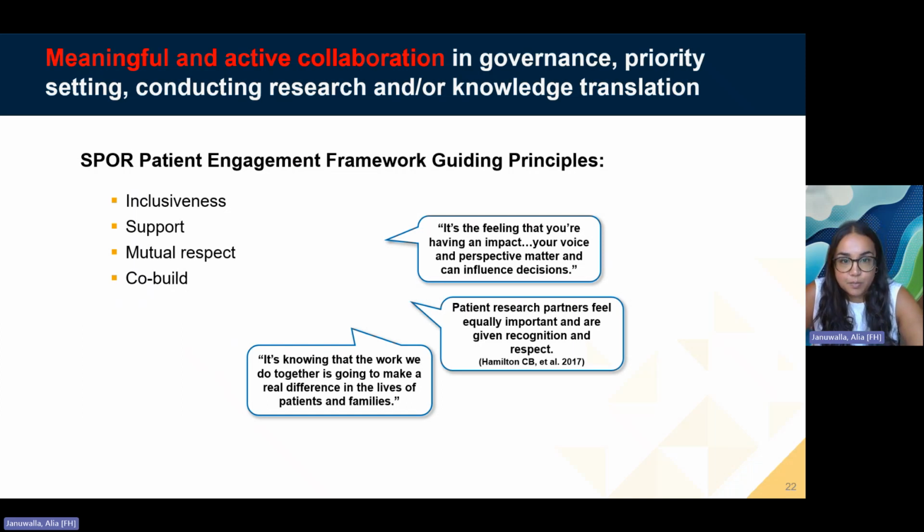And it's guided by these principles of inclusiveness, support, mutual respect, and co-building. And these are some of the quotes here that have been offered by patient partners and those who work with patient partners that really, I think, will encapsulate the sort of principles and impact of patient engagement as a whole.